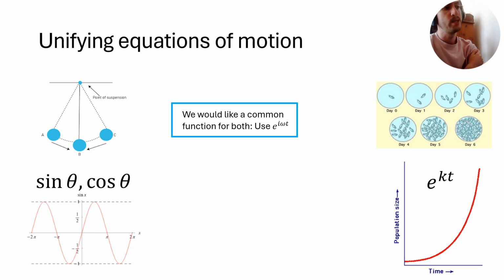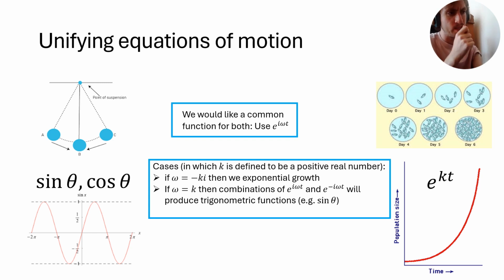Now, e to the i omega t is a complex number, and if you want the proof of that, you use something called Taylor series, but for this video we're just taking it on trust. e to the i omega t is a complex number, and as you might expect, it contains the imaginary number i, the square root of minus 1, our primary imaginary number from which we can build all other imaginary numbers.